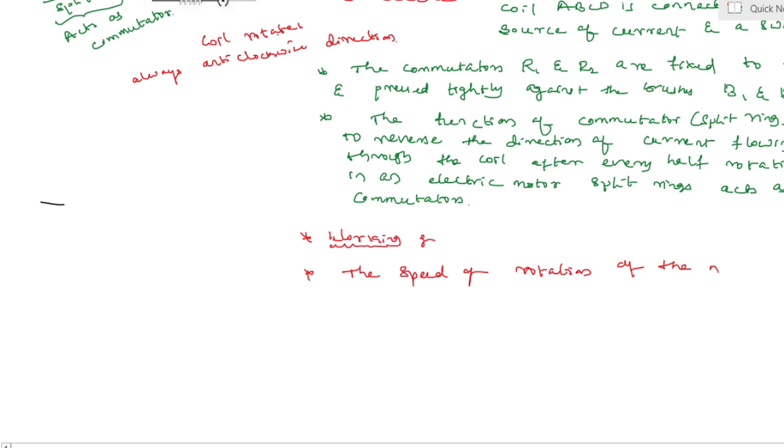Third, increasing the area: when the area of the coil is increased, the speed of rotation of the motor can be increased. And finally, increasing the strength of the magnetic field.